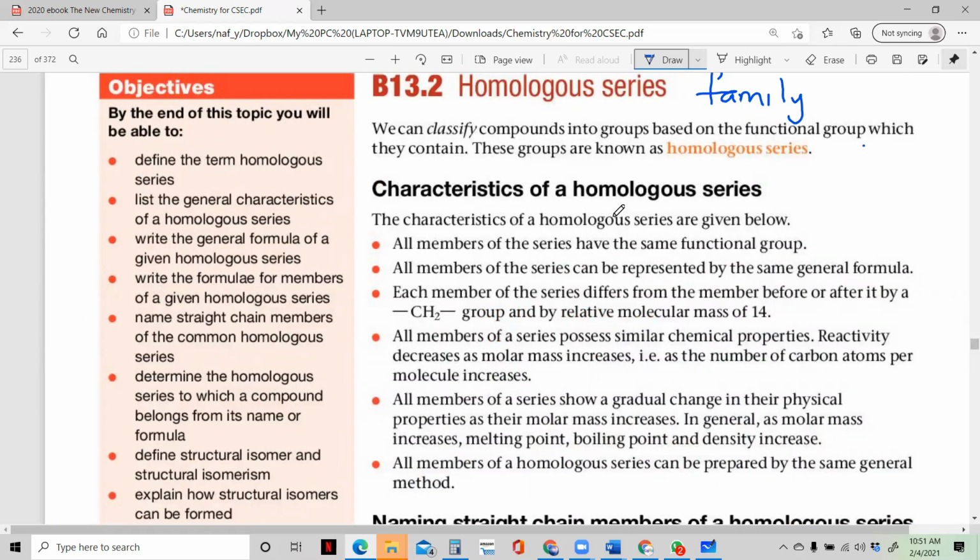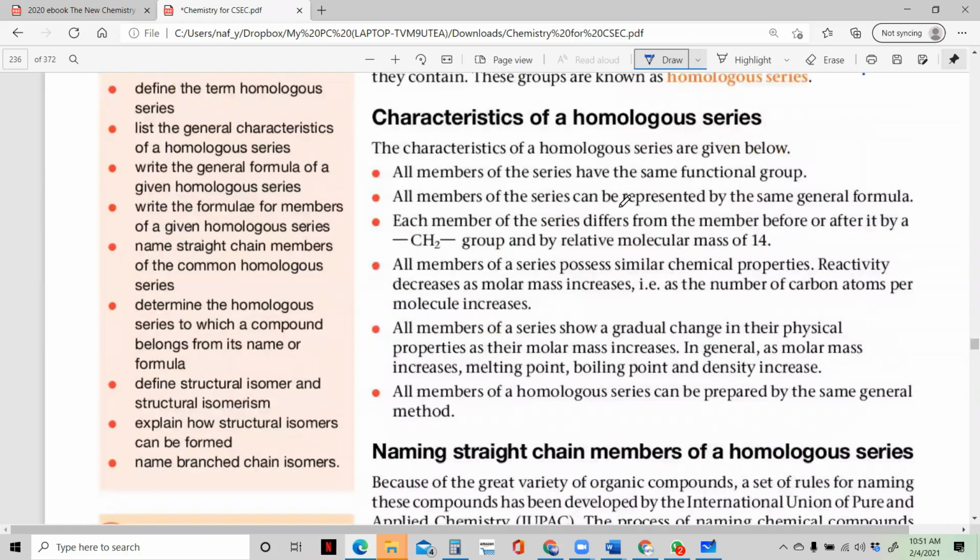Because you have these organic compounds in this family group, they display similar characteristics. It's almost like when we look at the periodic table. In the periodic table, you had groups, and the groups were also called families.